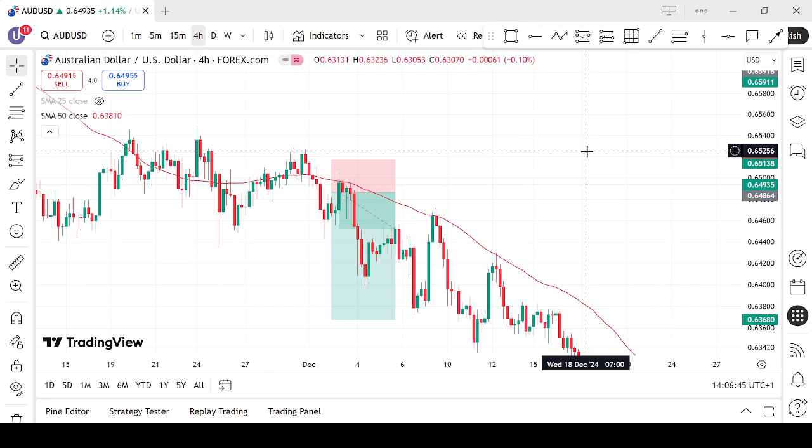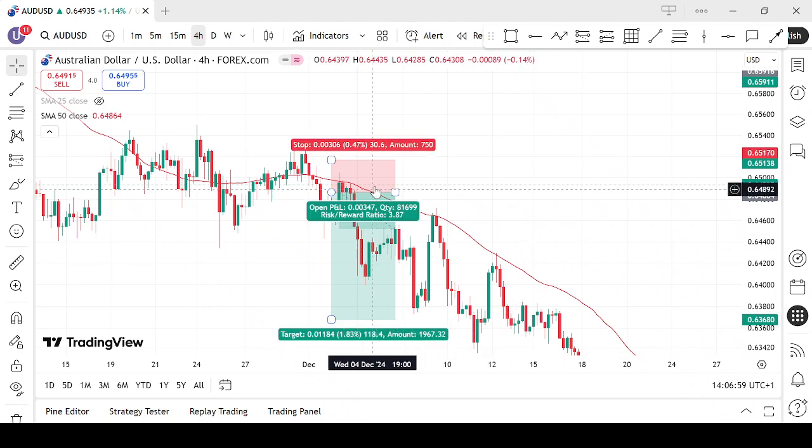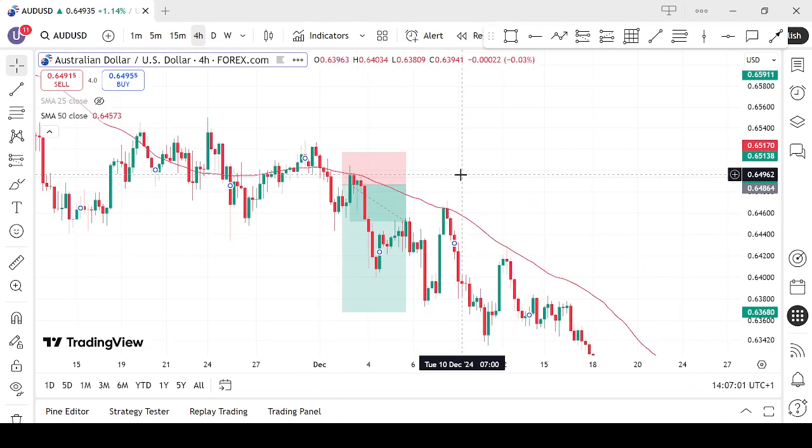That brings me to our fourth step, which is our risk management. Remember, stop loss is very important because it's not all the trades you take that will result in a profit. So what we do to minimize our losses and to still keep our account ready to attack the market at any point in time is our risk management.